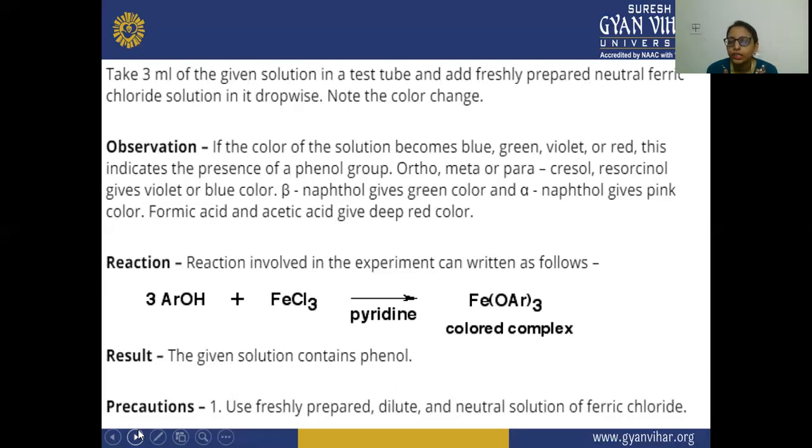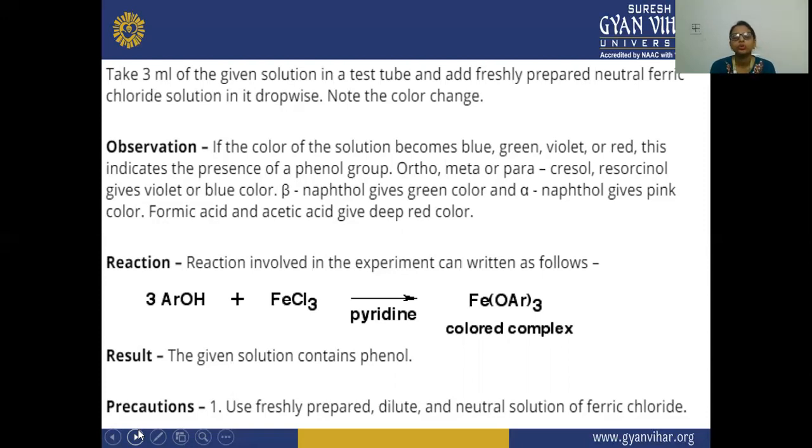It can be a violet, blue, green, or red complex. The violet or blue color shows the presence of ortho, meta, or para cresols or resorcinols. Beta naphthol gives a green color, and alpha naphthol gives a pink color. So the result shows that the given solution contains phenol.